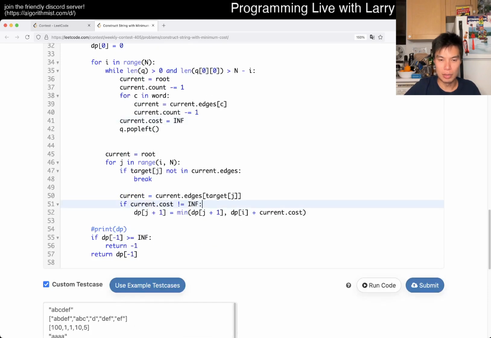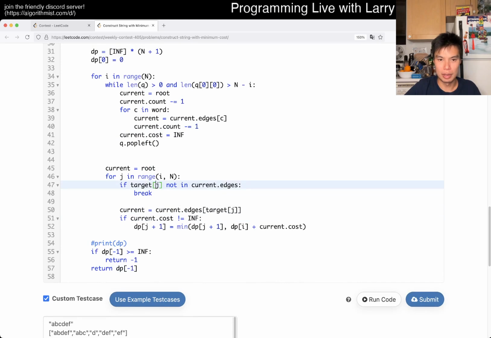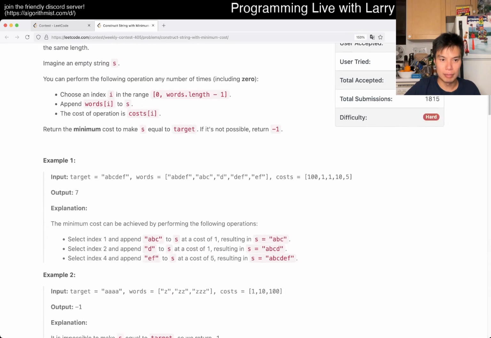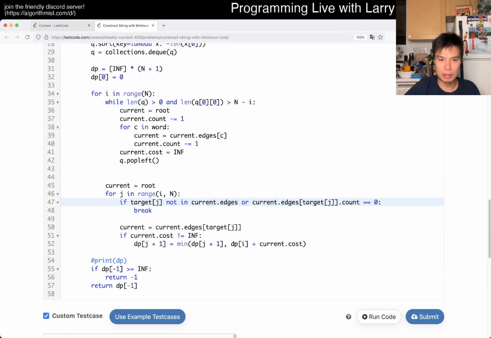And then now we can say, or can address a target j dot count 0, we break. Okay, that's not quite what I want.